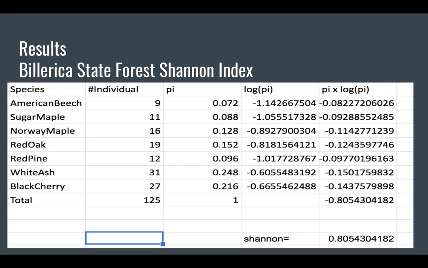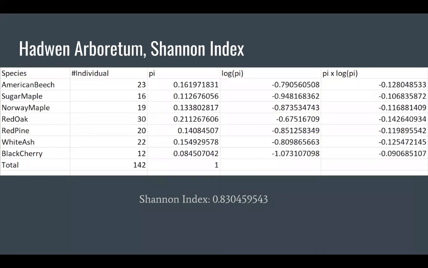So for the Billerica State Forest, the Shannon index was 0.805 or 0.81. And it's good to note that the Shannon index has a range from 0 to 1. So the higher number, the less diverse the plot is. And for Hadwin Arboretum, I got a Shannon index of 0.83.